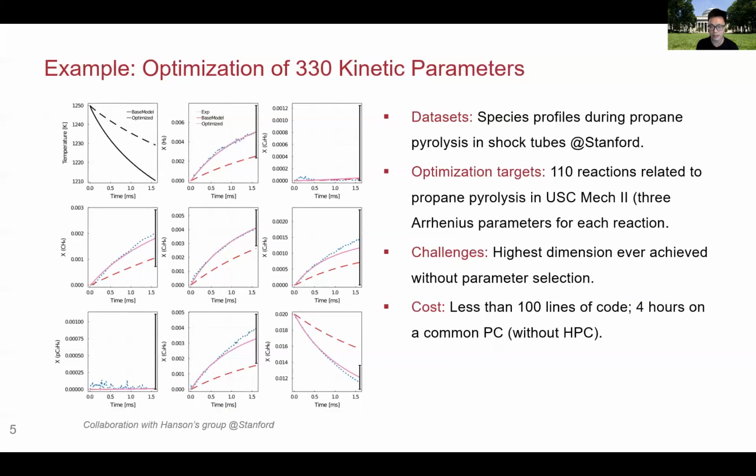So it results in more than 300 parameters to optimize. We did this optimization with less than 100 lines of code, and it takes less than 4 hours on a common personal computer, even without a high-performance computer. This is pretty much the highest dimension ever achieved for combustion optimization without parameter selection.